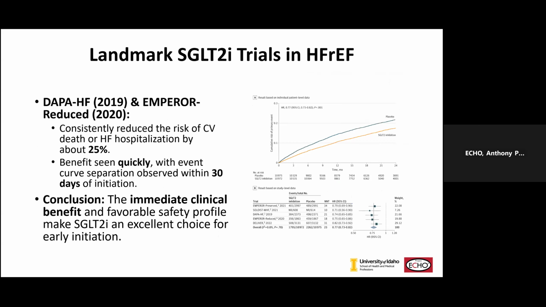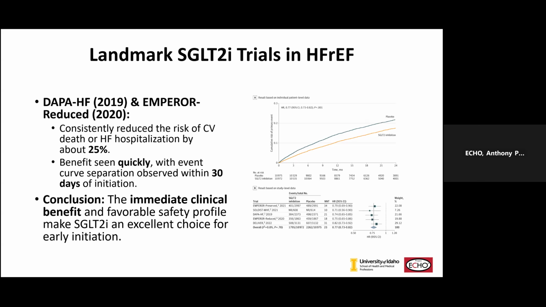Some more of the SGLT2 ones. We look at DAPA and EMPEROR, consistently reducing the risk of cardiovascular death. And one of the interesting things that came out of these studies was that the benefit was seen really quickly. You could see on the top right the reduced risk of heart failure or death, and of heart failure exacerbation or death.